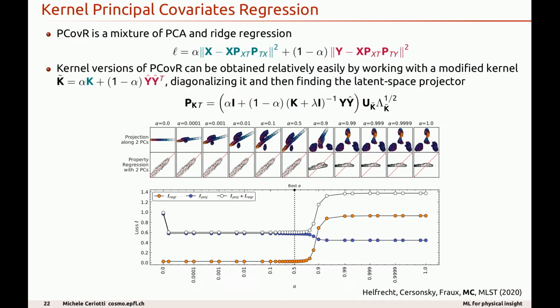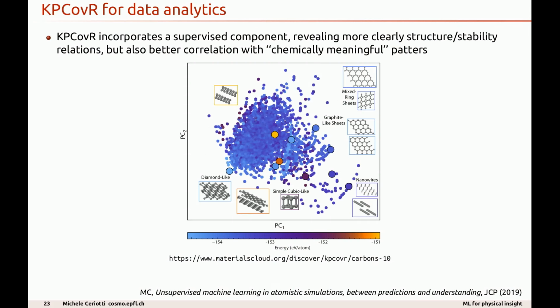And on the other end, you have PCA. And what you can see is that there is a pretty broad sweet spot in which you get pretty good regression capabilities while being able to preserve a large fraction of the variance. And we believe that this is a very useful and very simple way of visualizing data. And as an example, here we are looking at the data set of hypothetical structures of carbon.